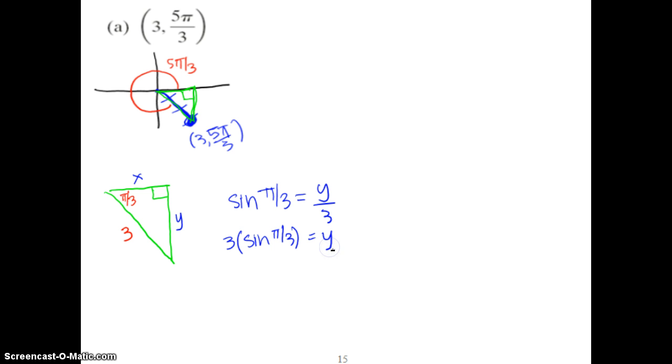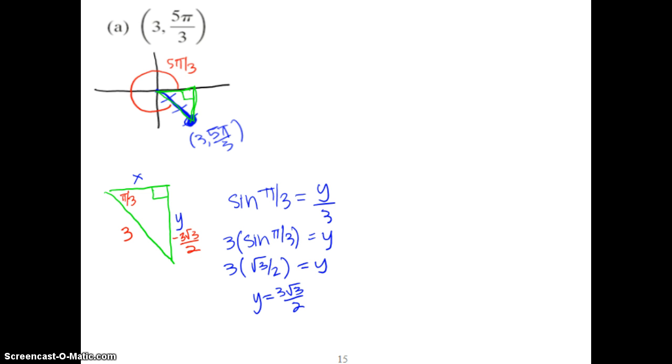That would give us y. Looking at our unit circle, we see the sine of pi over 3 is root 3 over 2. We know that our y value is going to be 3 root 3 over 2. So if we put that down here, it's actually going to be negative 3 root 3 over 2 because it's in quadrant 4.